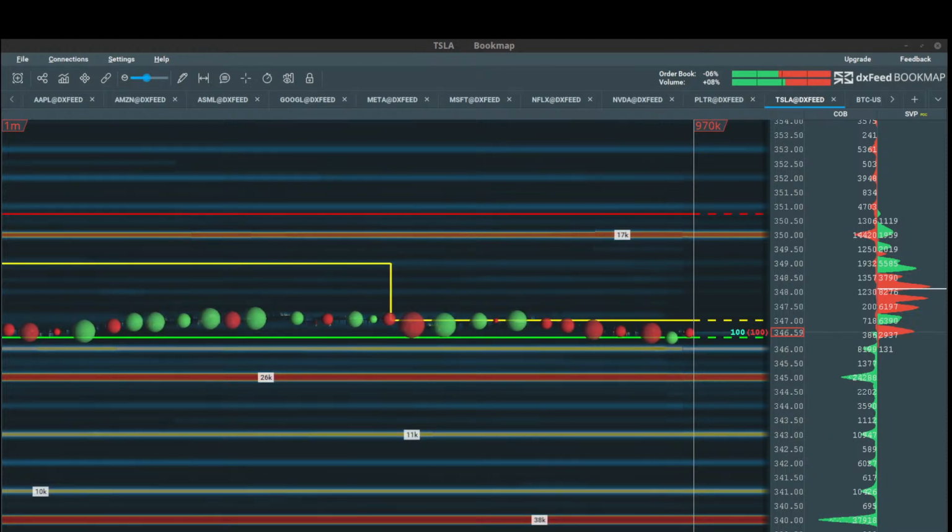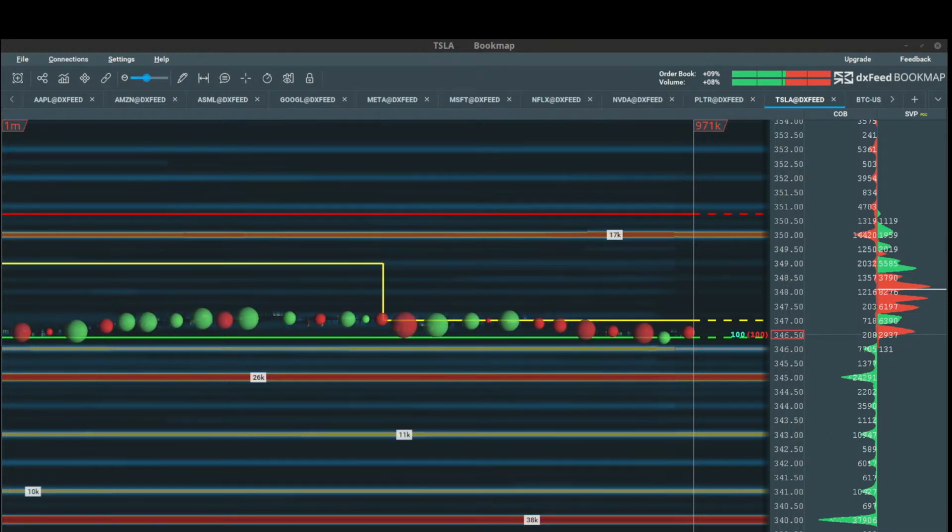And we see sellers dragging that point of control a bit lower as well. So overall, a lot of the tech looking pretty soft this morning outside of Apple.